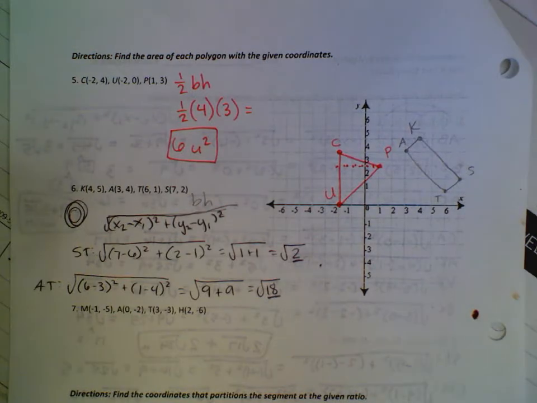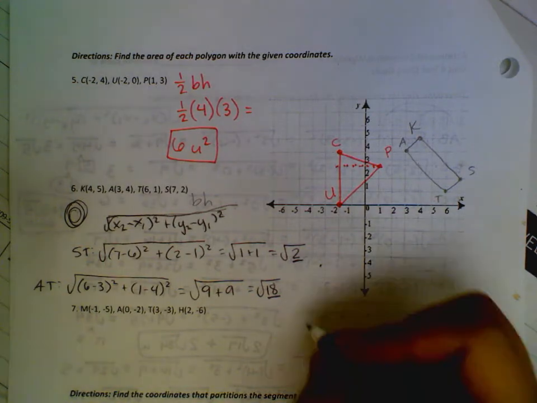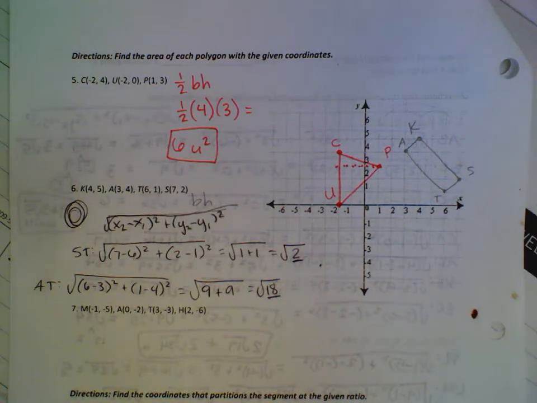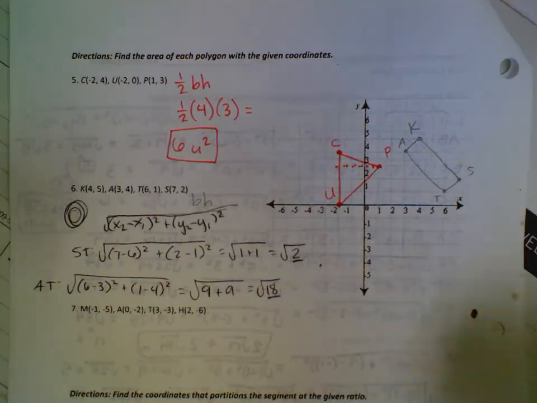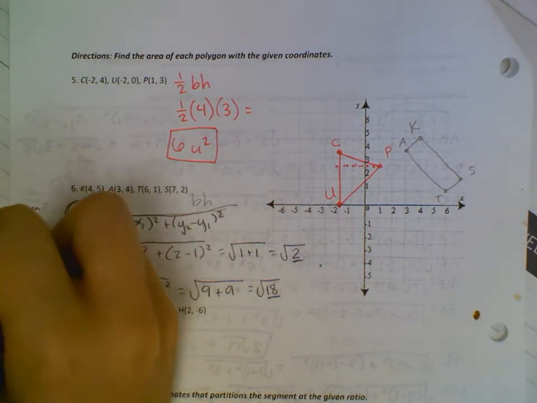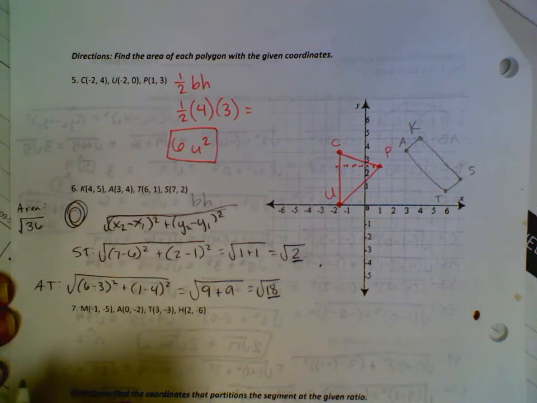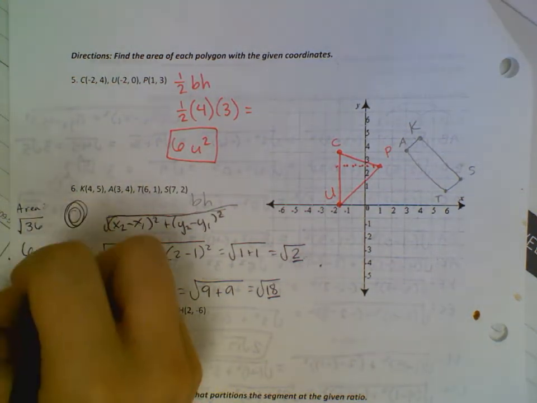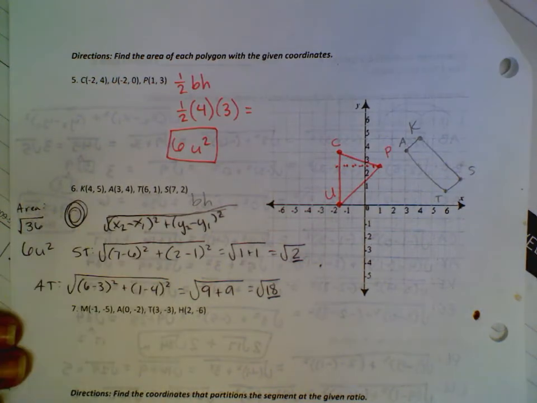So we can do 18 times 2 to get 36. So the area, I'll write it right over here. The area is the square root of 36, also known as 6 units squared.